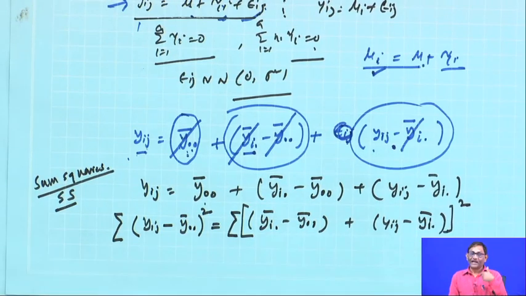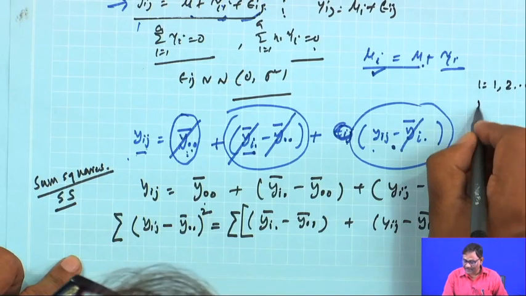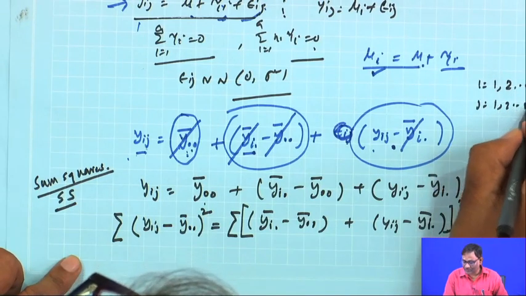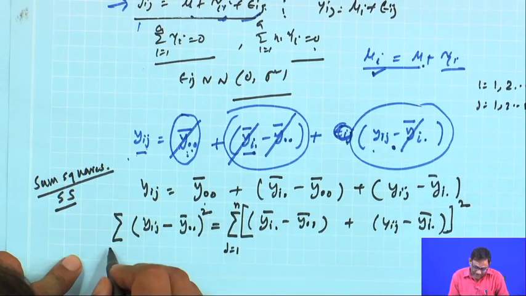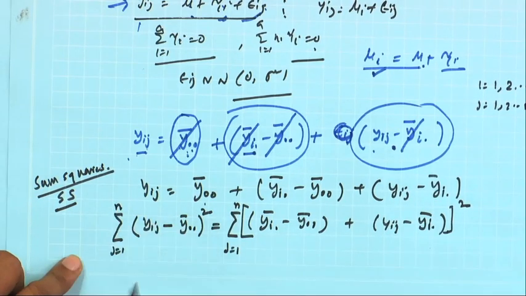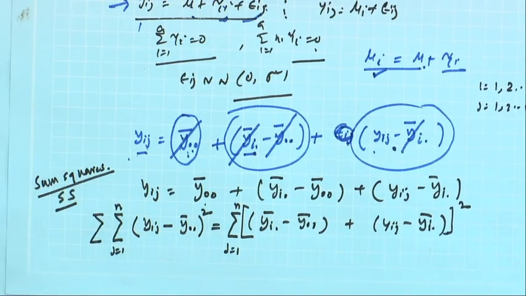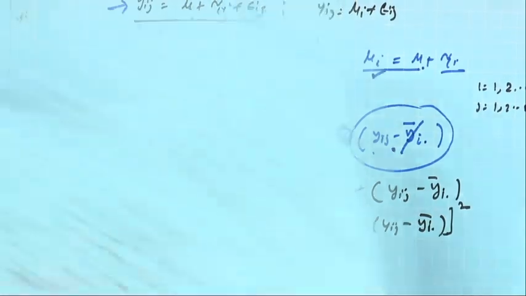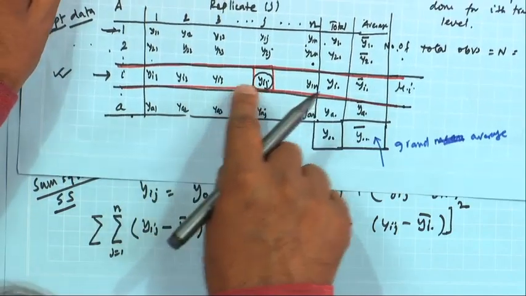As i and j both are there, i changes from 1 to a, and j goes from 1 to n. If I put j equal to 1 to n, that means you are summing up y_i1 plus y_i2 plus y_i3, like this.